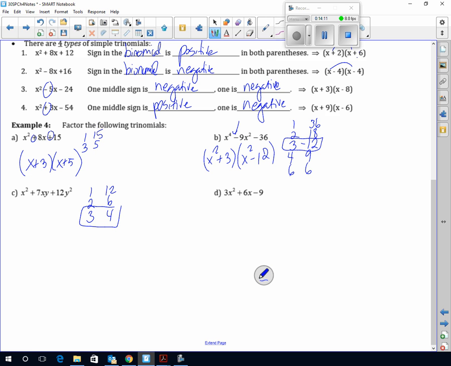That's the only way you're going to get 12y squared, if you have that second term with a y in there, right? x plus 4y. So check. When I multiply x times x, I get x squared. Outer, I get 4xy. Inner, I get 3xy. Last, I get 12y squared. You should always check your answer, right?